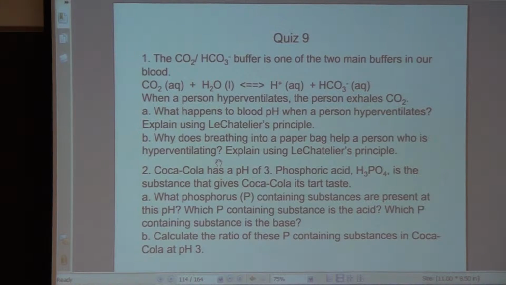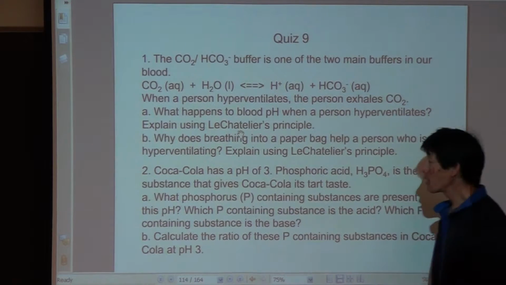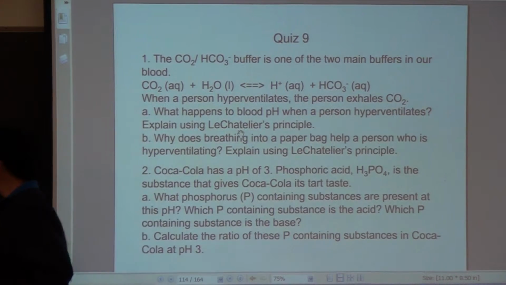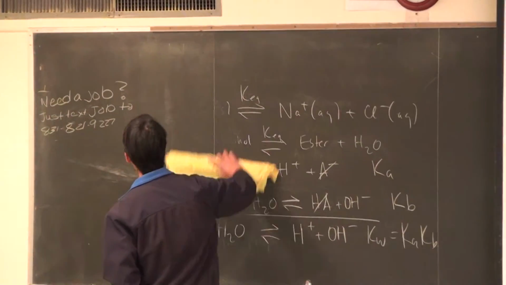Part B. Why does breathing into a paper bag help a person who's hyperventilating?